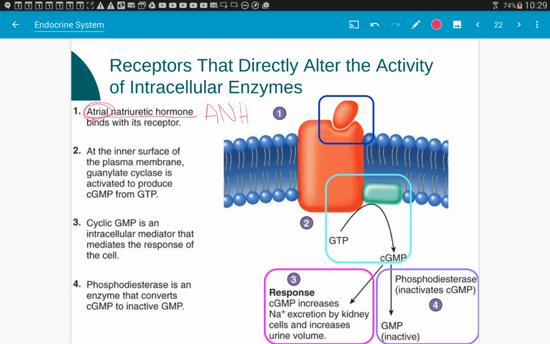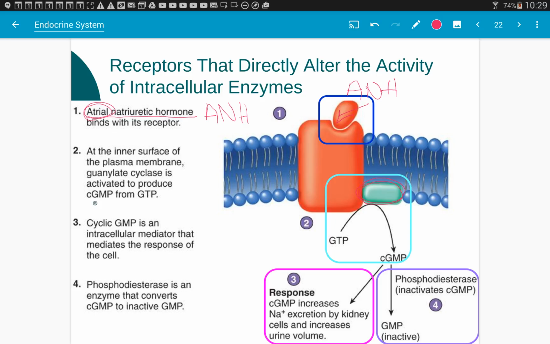Where is it perhaps produced? Heart. Yeah. So atrial natriuretic hormone right here binds to its big, lovely red receptor.